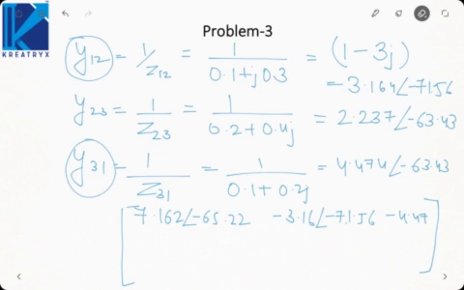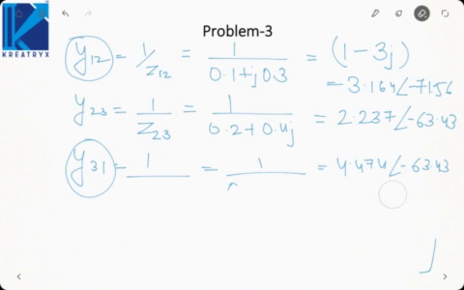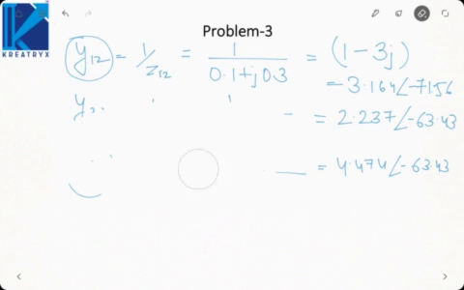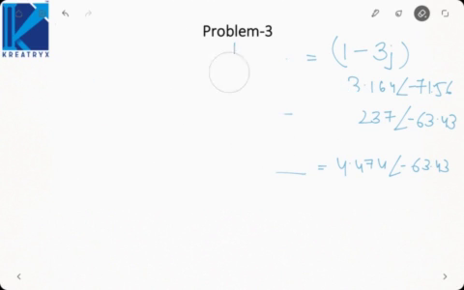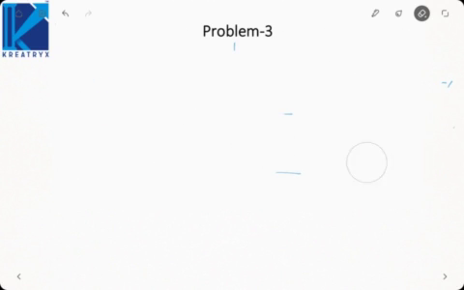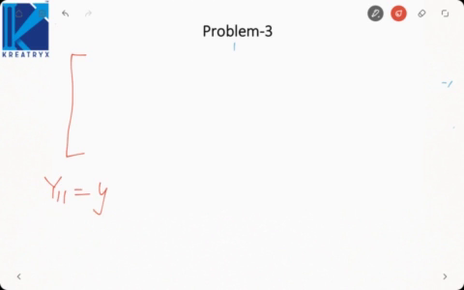Let me redraw the matrix here for you. Y11 will be equal to y10 plus y12 plus y13.